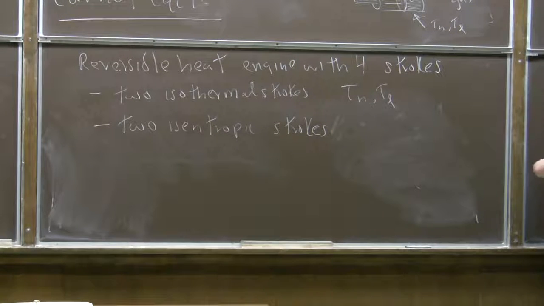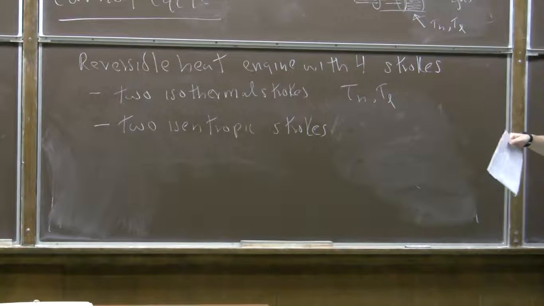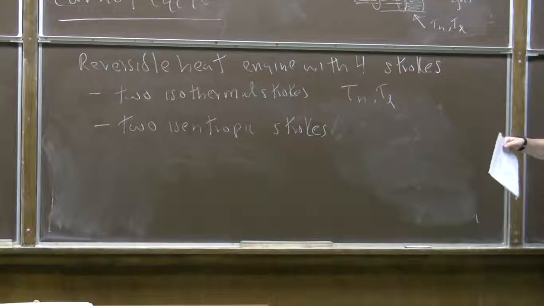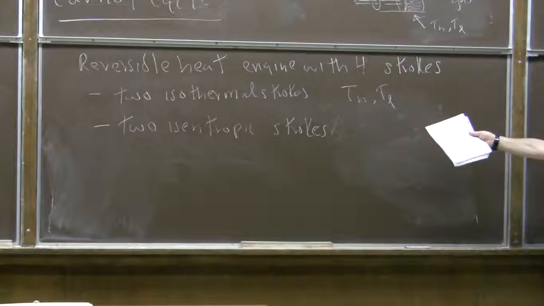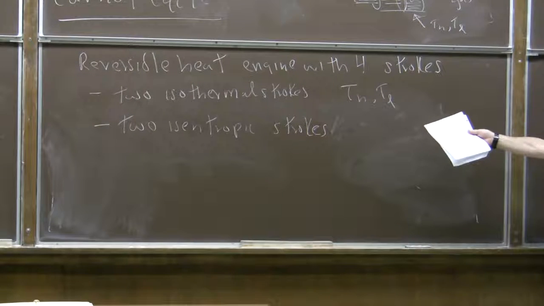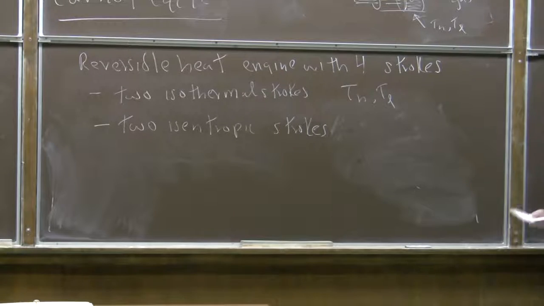When we bring it into contact with the high temperature reservoir, the temperature of the system has to match the temperature of the reservoir, or else it wouldn't be reversible. There'd be some irreversible heat flow. And then I have to bring the temperature down to tau L before I let it come into contact with the low temperature reservoir. So the change in the temperature is going to take place during the isentropic strokes when the system is isolated.